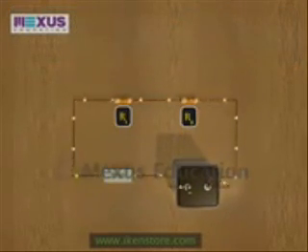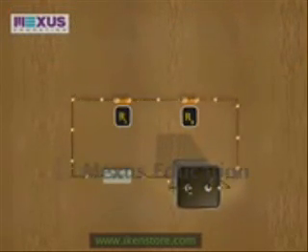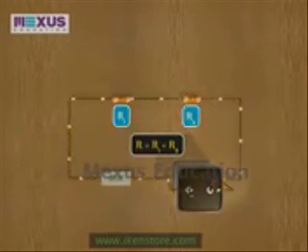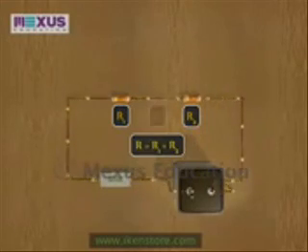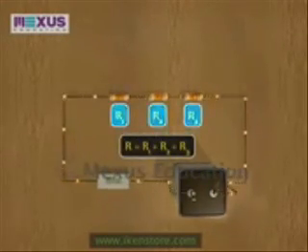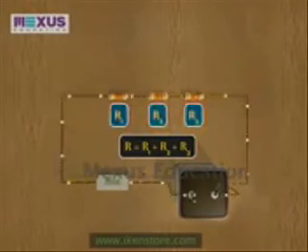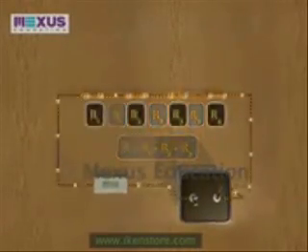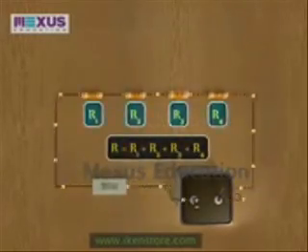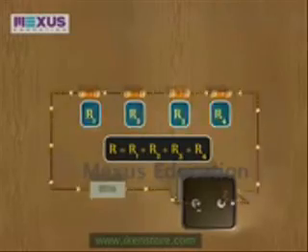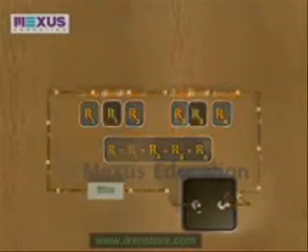Thus, in the first model, the total resistance R is equal to R1 plus R2. In the second model, R is equal to R1 plus R2 plus R3. And in the third model, R is equal to R1 plus R2 plus R3 plus R4.